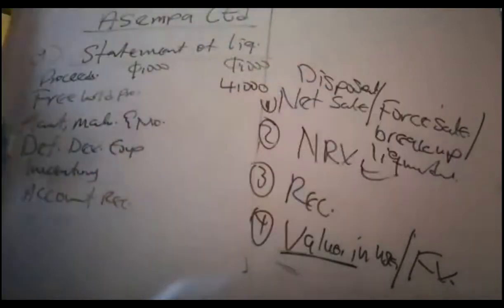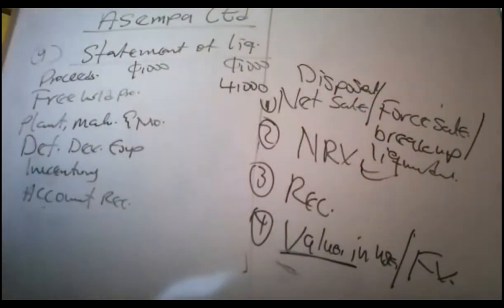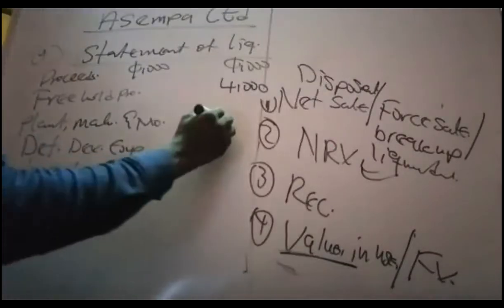These 3 terms are the same. Take note of that. Let's move on. It is estimated that the breakup value of the plant, machinery, and motor vehicle as of December 2011 will be 900,000. So here will be 900.